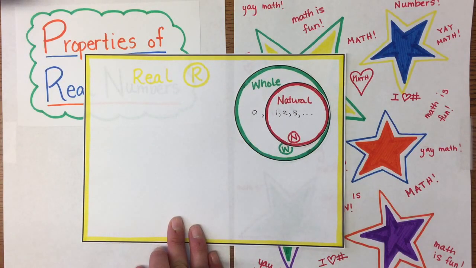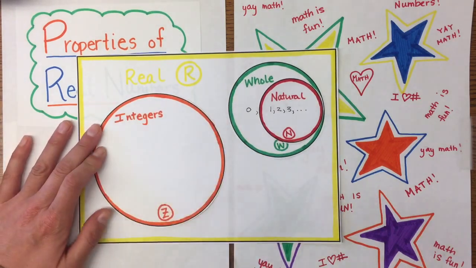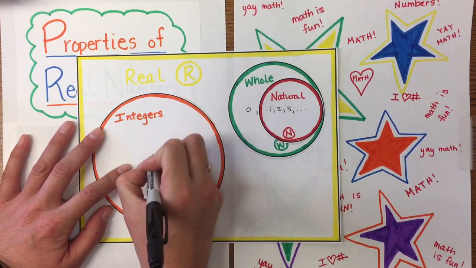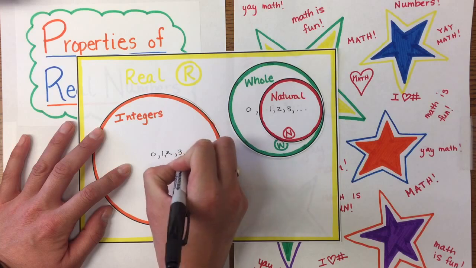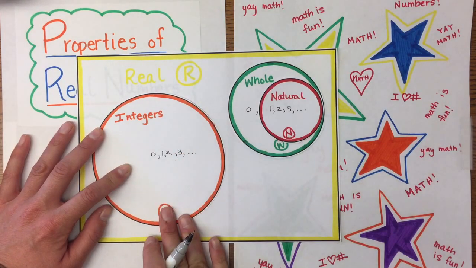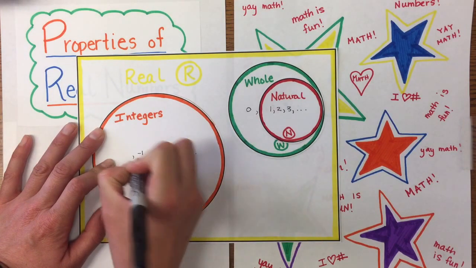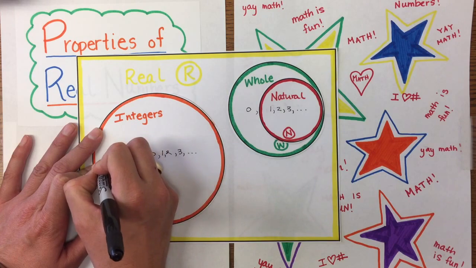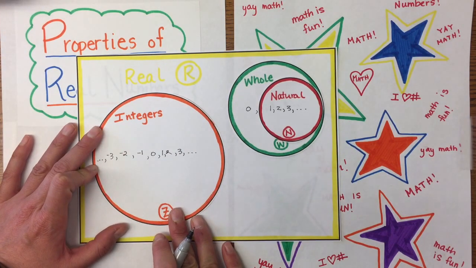The next set of numbers that I'm going to refer to are integers. They include all of the whole numbers, so 0, 1, 2, 3, and all the numbers up from there. But they are also going to include all of the negative numbers. So that means -1, -2, -3, all the way down.